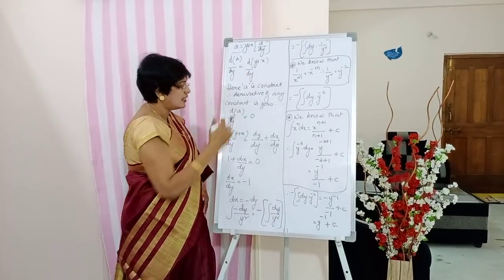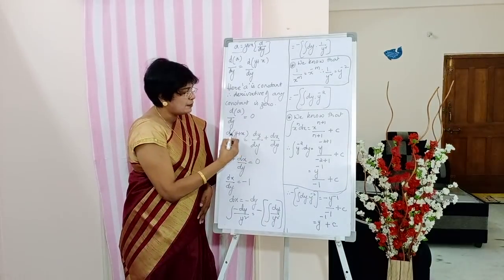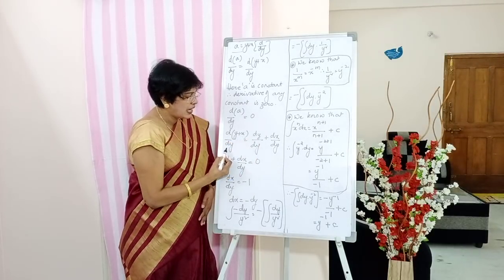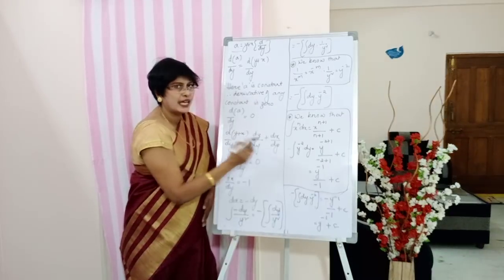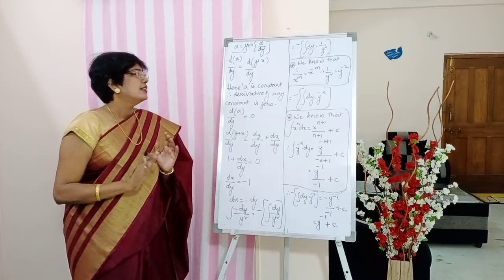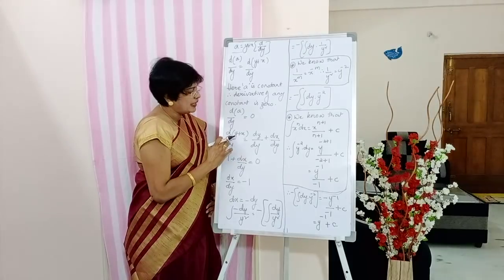What is there here? d of (y plus x) by dy. If I open the brackets, d of y by dy plus d of x by dy. The left side has become 0, and on the right side we are opening the brackets.